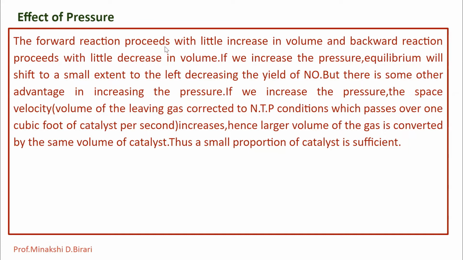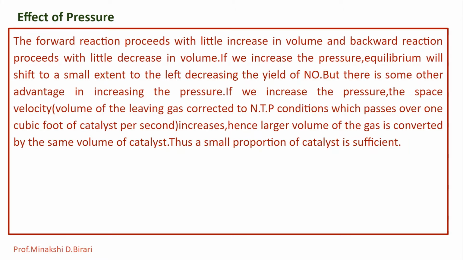If we increase the pressure, equilibrium will shift to a small extent to the left, decreasing the yield of NO. But there is some other advantage in increasing the pressure. If we increase the pressure, the space velocity increases, and hence larger volume of the gas is converted by the same volume of catalyst.